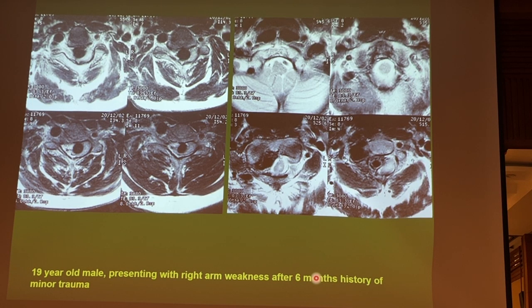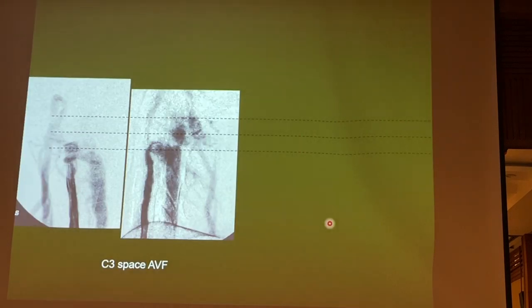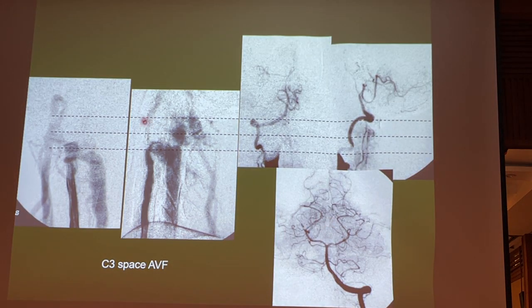19 years old man presenting with right arm weakness, with a 6 month history of minor trauma. The trauma is not very significant. We have this large pouch compressing the spinal cord level, and we were seeing that high flow from the ipsilateral vertebral, and you see the significant difference in size of the vertebral artery, proximal and distal.